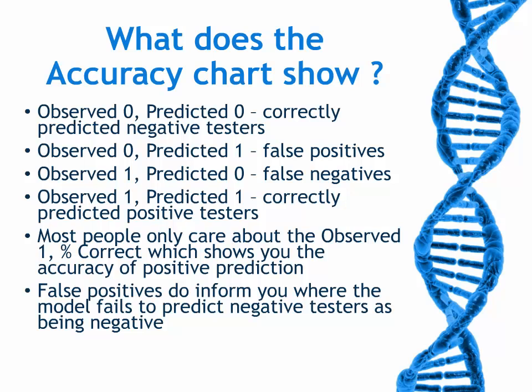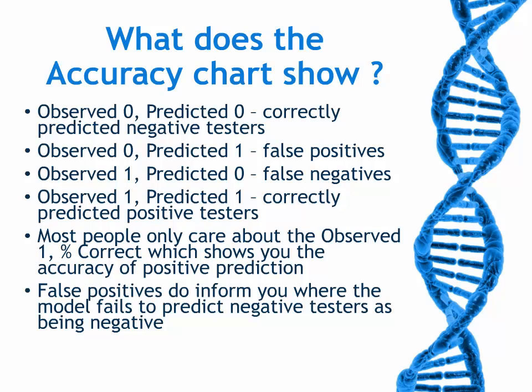That's the most important one there because you want to see how often it doesn't correctly predict it positively. The last one is if it's observed to be 1 and predicted to be 1. This is how many testers are actually being predicted correctly from the results. So another column is the last column of percentages, and where it says observed equals 1 on the end, it says percent correct.